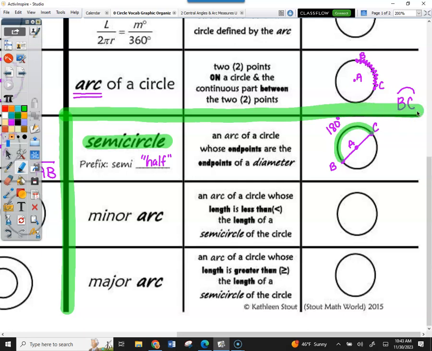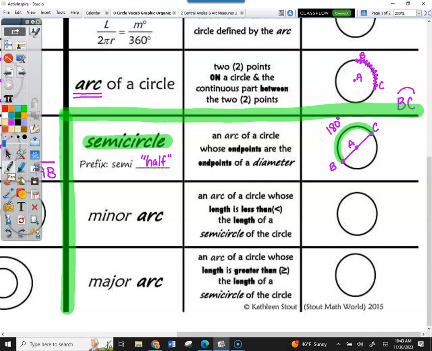And the reason we're doing that is because I want you to know that those 3 vocab words are all talking about the same thing. It's just there's 3 different types. It's either a minor arc, a major arc, or a semicircle. Semicircle is the only one that doesn't actually use the word arc in it.